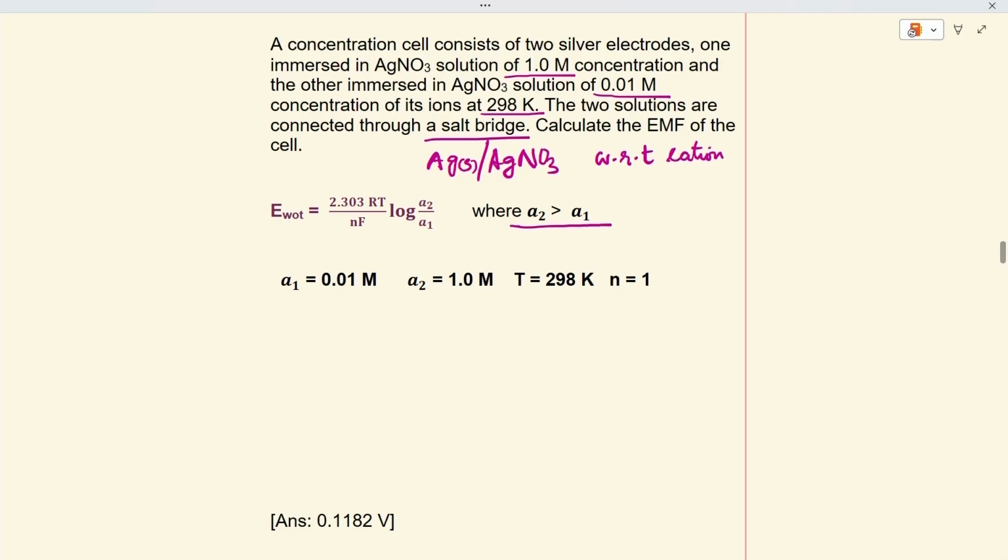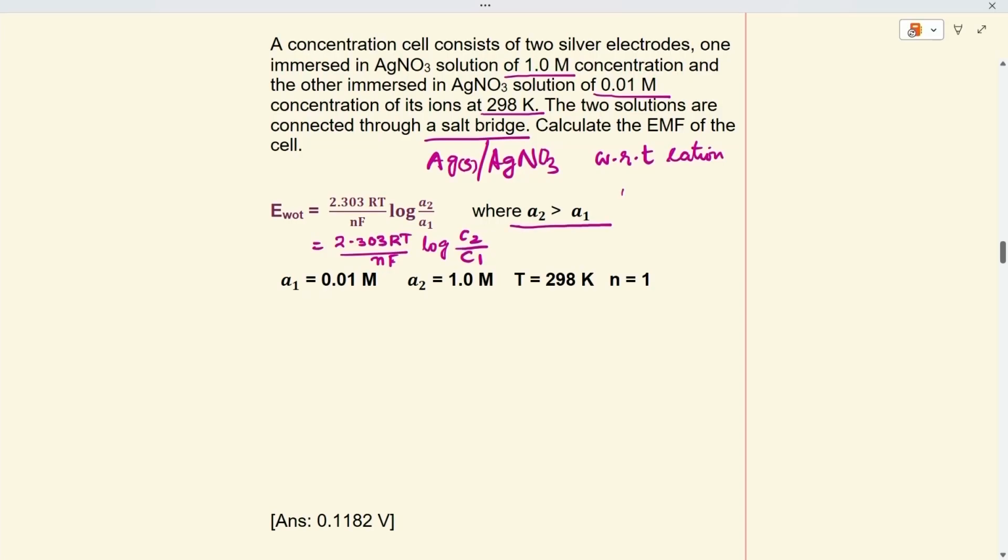When we come to an ideal condition, this expression can be written as 2.303 RT by NF log C2 divided by C1, because we consider the condition to be ideal, where activity is equal to activity coefficient into molality.